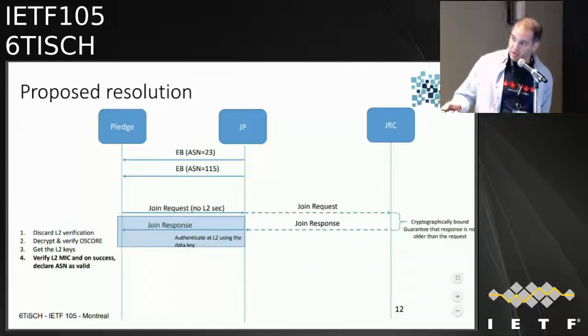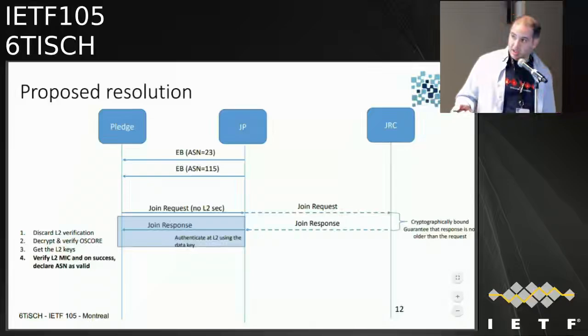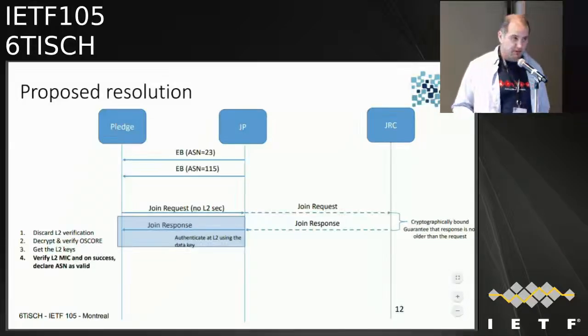When the join response comes to the join proxy, instead of sending it without any layer 2 security, the join proxy sends it with one of the first 3 security levels in 802.15.4, which involve only authentication of the frame. This means the pledge receives a frame that has the security level bit set, but it doesn't have the key to verify the validity of this frame, because the key is inside this frame.